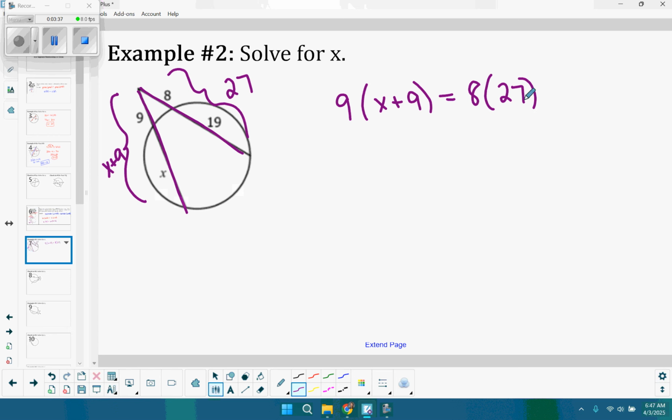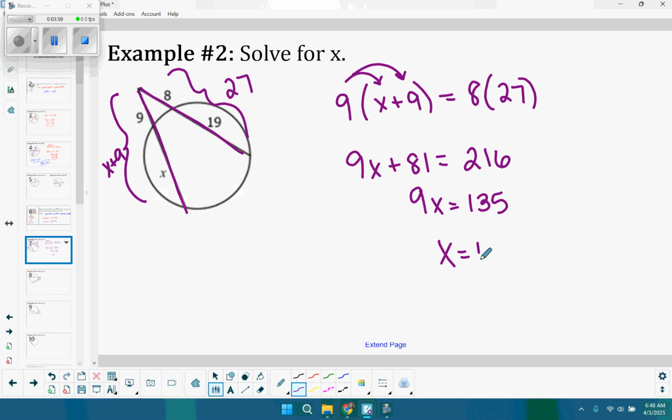You don't have to write the 8 plus 19 here. You can just put whatever it totaled. Now we're going to distribute and solve. So we have 9x plus 81 equals 8 times 27, which is 216. We'll take away our 81. And now we'll divide by 9. So we get x equals 15.